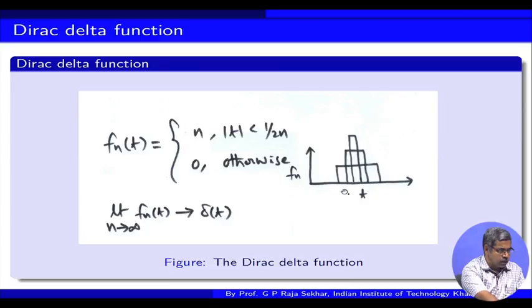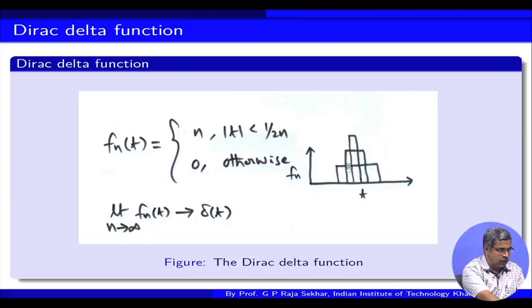Then f_2 is 2 when mod t is less than 1 by 4. So, this box. Like this, if you keep on increasing n, the total area remains the same, but the strip becomes thinner and thinner, and as n goes to infinity, f_n(t) approaches the delta function.